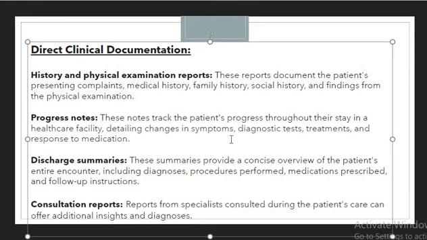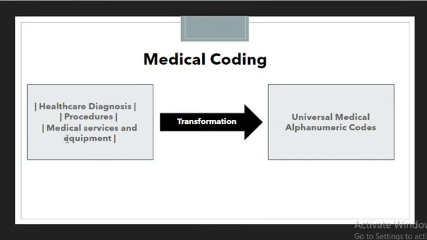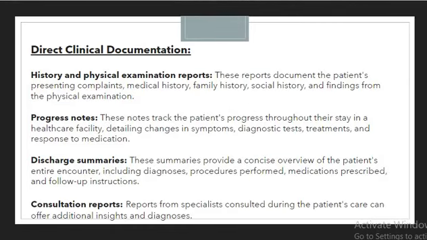So they will also note the response to the medication, whether the medicine is working fine with the patient or not. All these things come under progress notes. The hospital team will prepare these progress notes, and this will also work as direct clinical documentation and be considered for this left block information. Then this information is converted into universal medical alphanumeric codes.